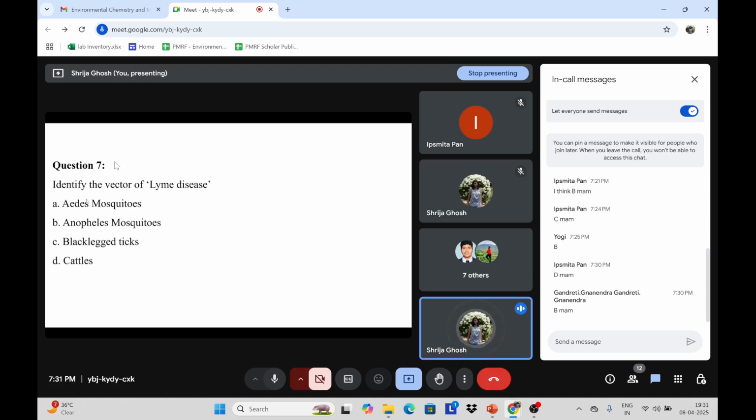Okay, another answer is option B, Anopheles mosquitoes. Anyone else?